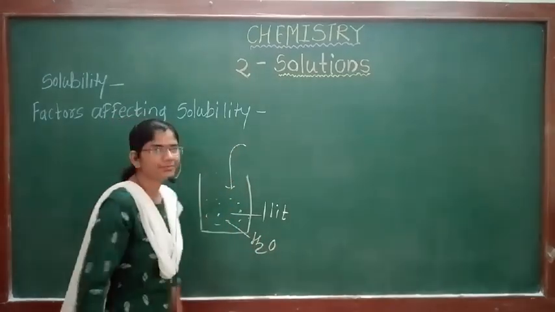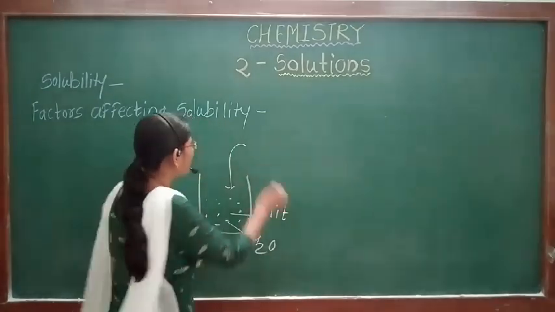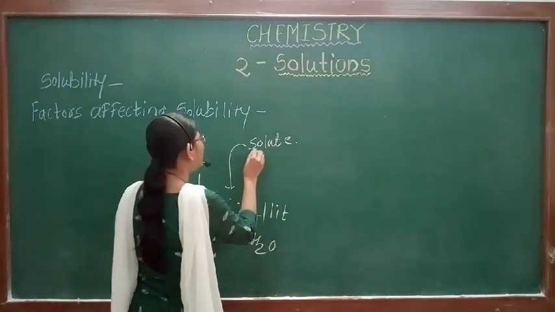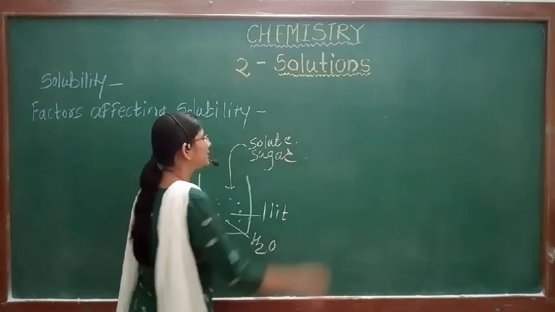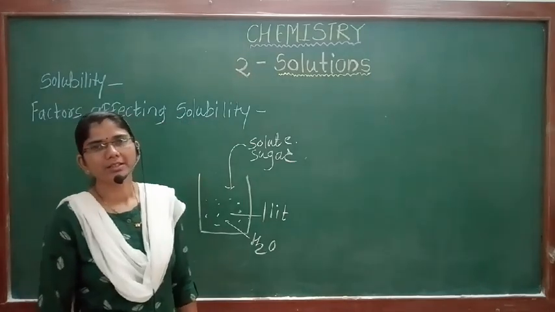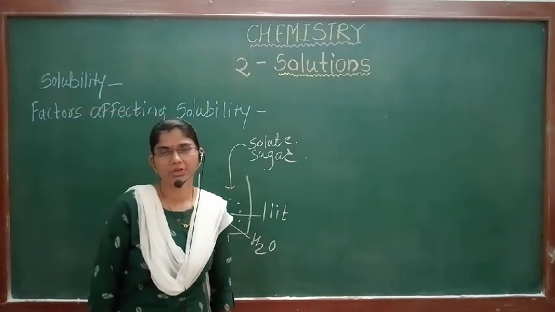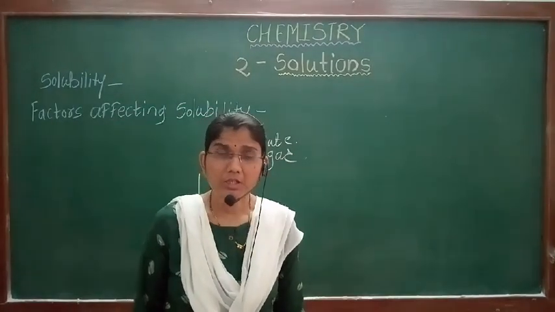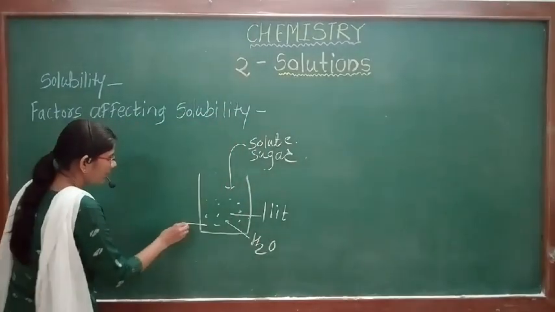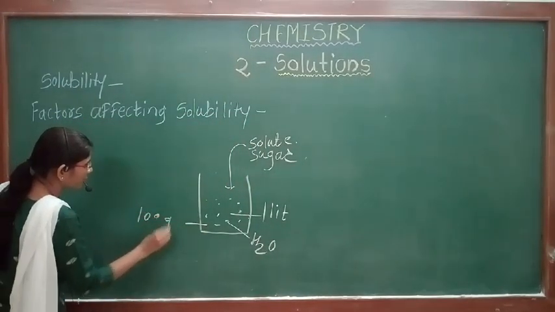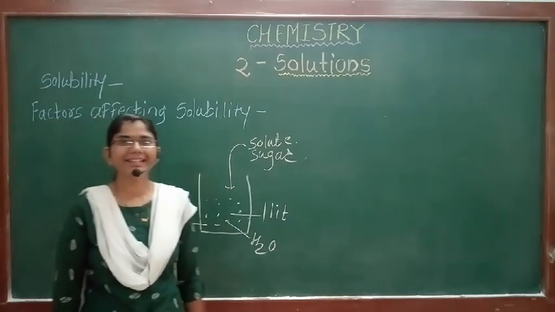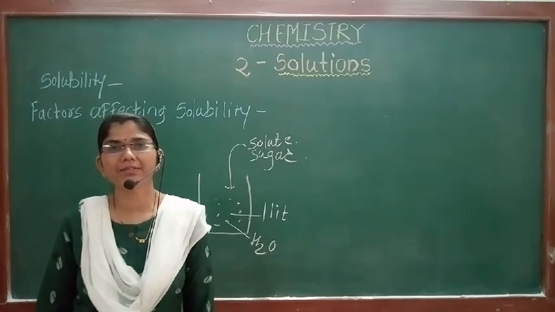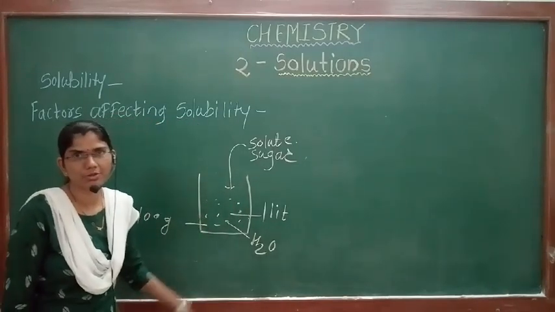If we add some amount of solid solute, for example sugar, in that 1 liter of water, it dissolves. The sugar molecules dissolve in the water. Suppose we first add 100 gram of sugar in that 1 liter of water, then it gets dissolved and forms a solution.